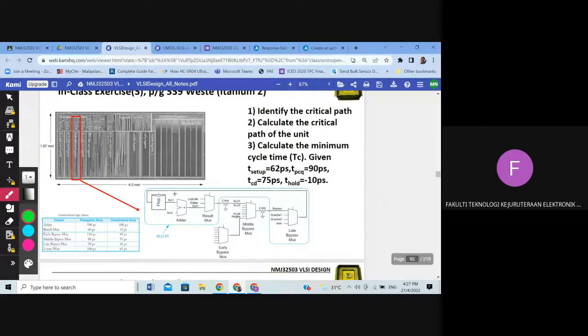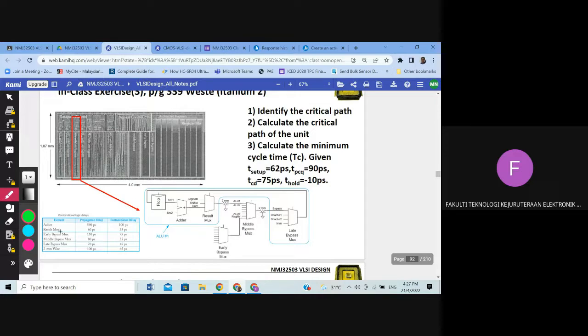This is the element inside the block. We have flip-flops and all the combinational logic, and then it feeds back to the flop again. You are also given the propagation delay and contamination delay in picoseconds.